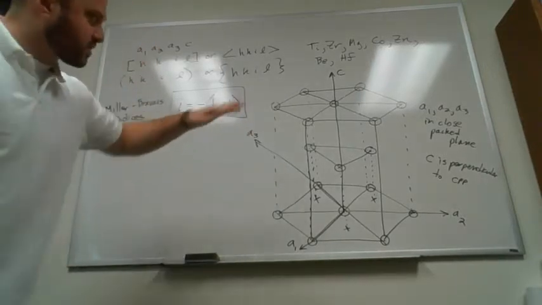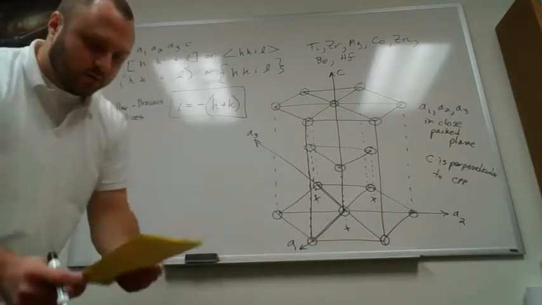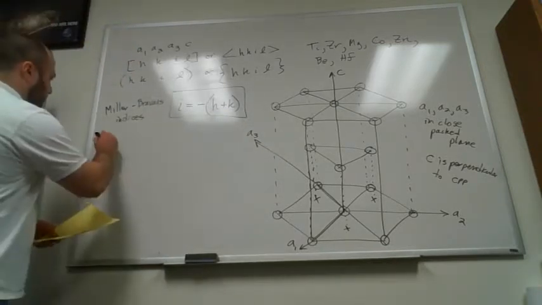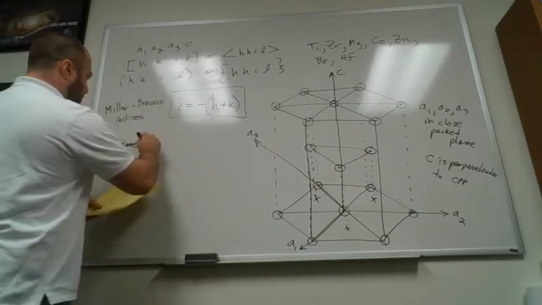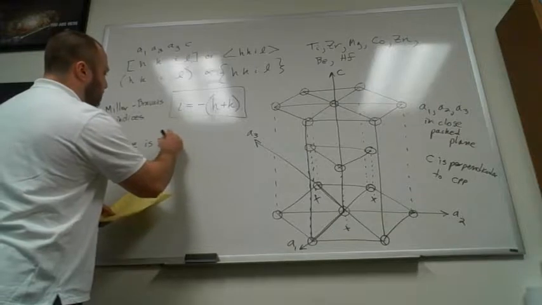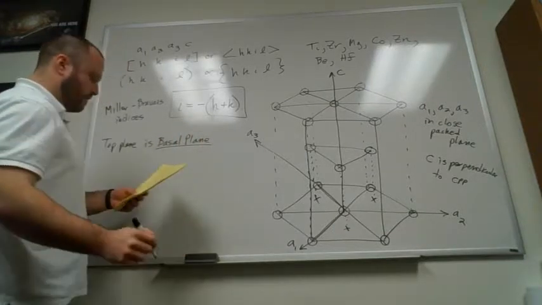And to see that, let's pick a few of the important planes and describe them, okay? So this top plane, that close packed plane, is something that we're going to call the basal plane. All right?